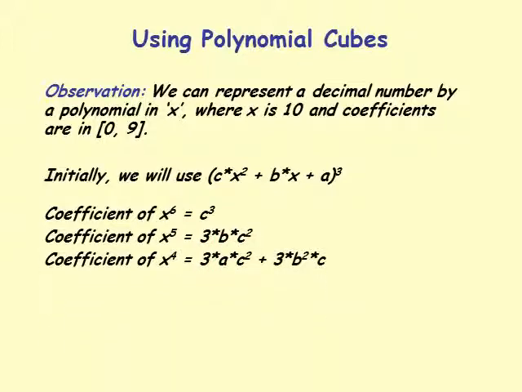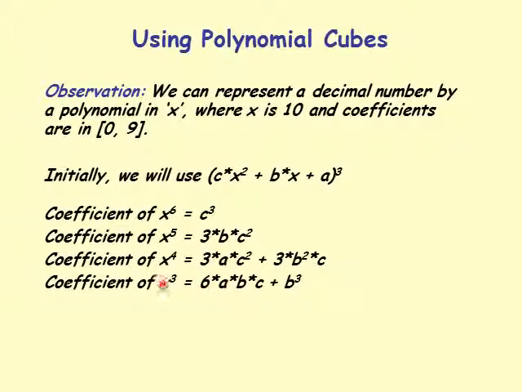Let's continue here. For x^4, I can get x^4 from the square of this term or this term and the square of that term. So it's 3a squared c squared. That's one way to compute x^4, and this is the c and b squared here. So that's b squared here, and from the combinations I got 3 times that.